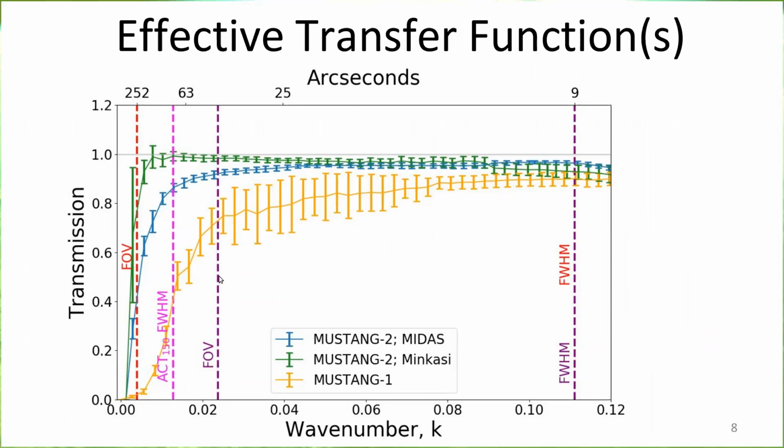And if we're wanting to fit some kind of a model to our data, we use these to fit to our observations. So you can just see that Mustang 1 really was losing large scales. And our traditional processing method called MIDAS still is losing somewhat large scales, whereas the newer method, Minkasi, is doing the best.